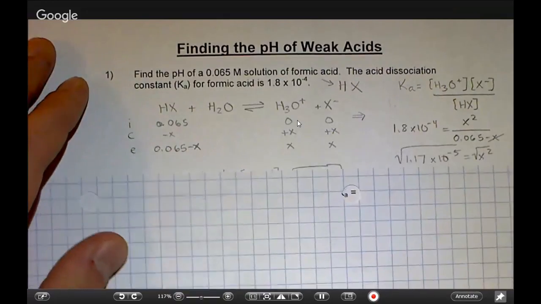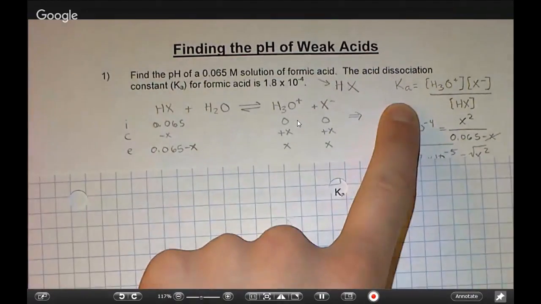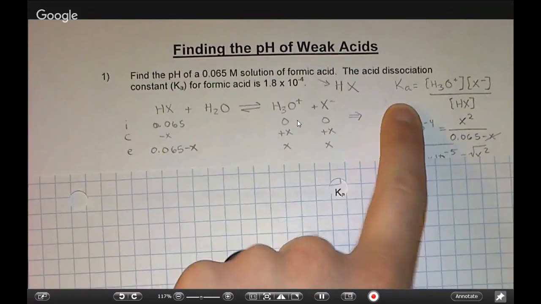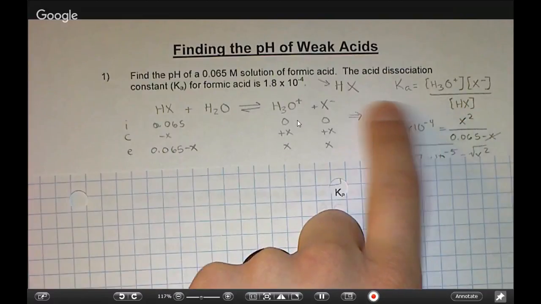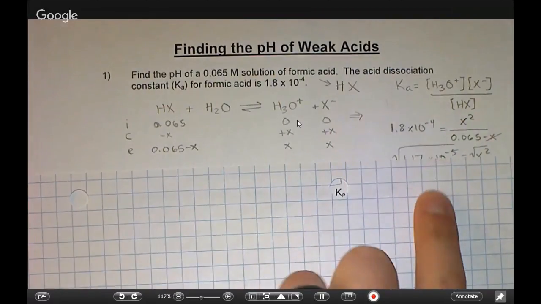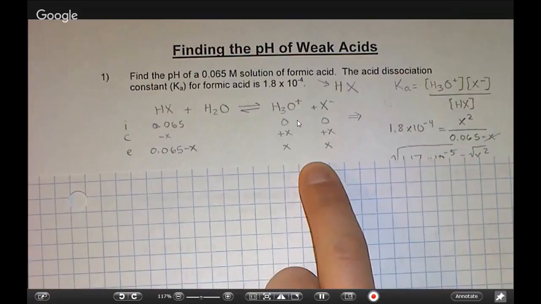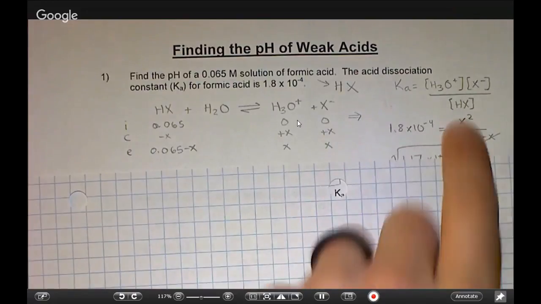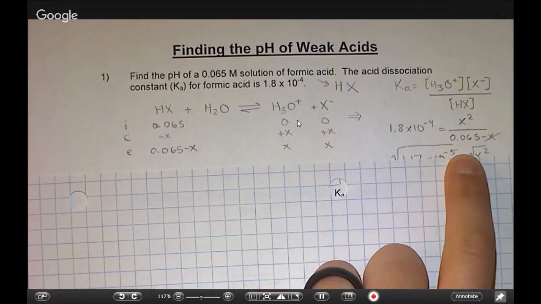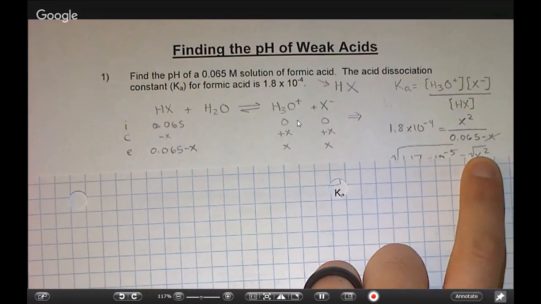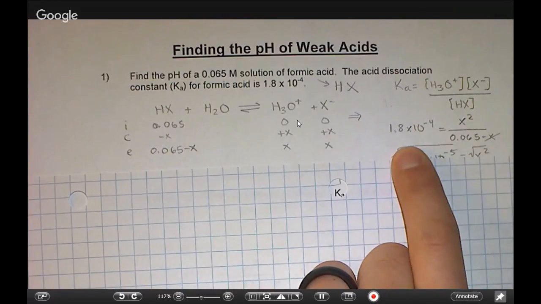So from there, we set up our equilibrium expression, which is our products over our reactant. There's no coefficients to speak of, so there's no exponents here. And then I plug in our variables accordingly. Hydronium and X minus are both X, so we have X squared over HX, which is 0.065 minus X, and that's equal to the Ka that was provided.